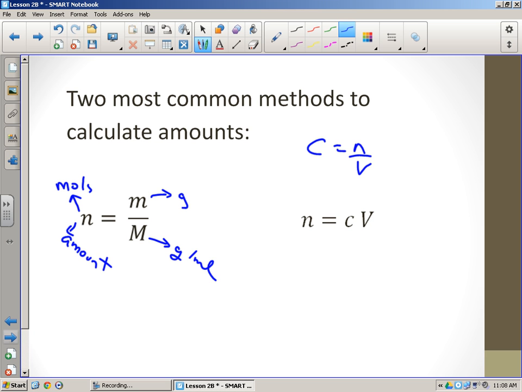And if we rearrange that, we get n equals c times v. And of course, c is the molar concentration. v is in liters. And of course, if we multiply those two, we get the amount in moles. All right?